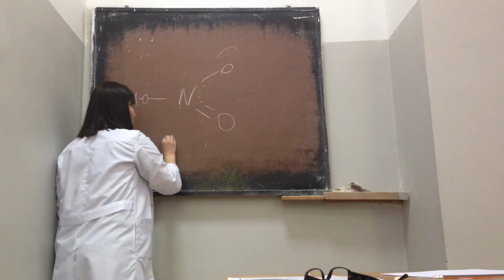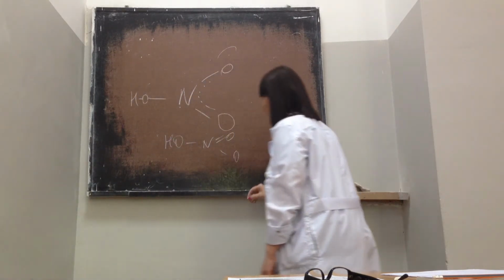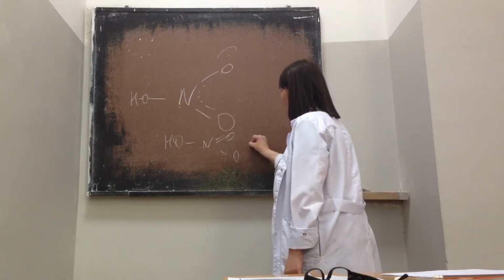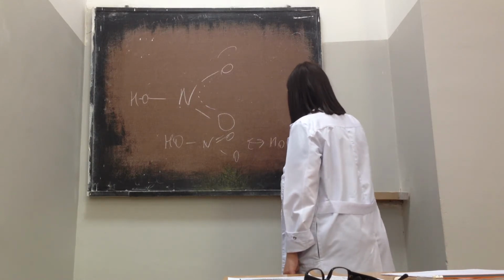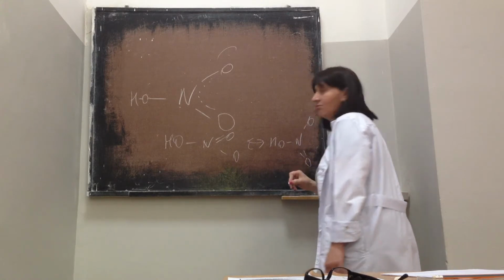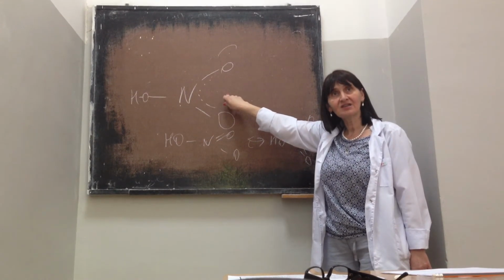Do you remember these 2 structures? This is one version, and the second version is this one: H-O, N-O, double bond O. So finally, really, the structure looks like this.